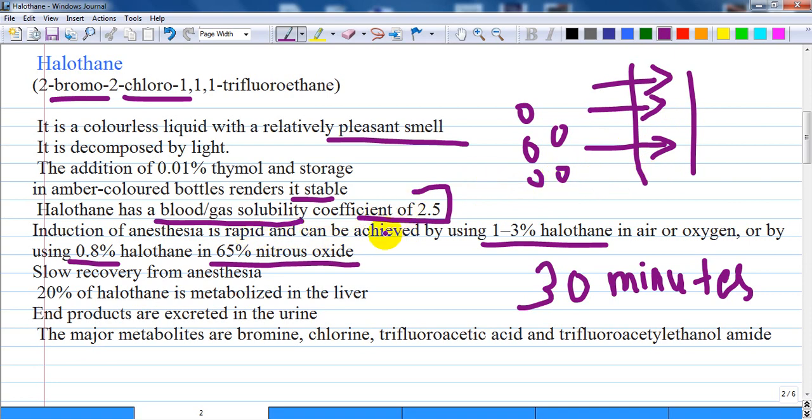Okay, Halothane is not irritant to the airway, and therefore inhalational induction with Halothane is relatively fast compared with other agents like desflurane or isoflurane. However, it may take at least 30 minutes for the alveolar concentration to reach 50% of the inspired concentration.